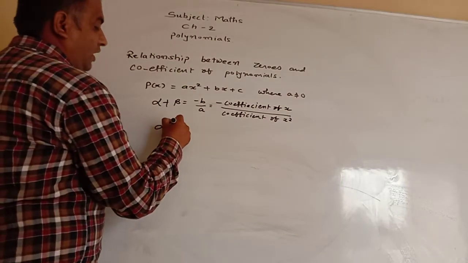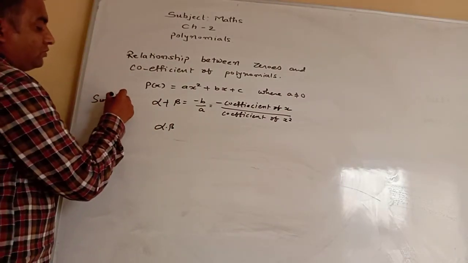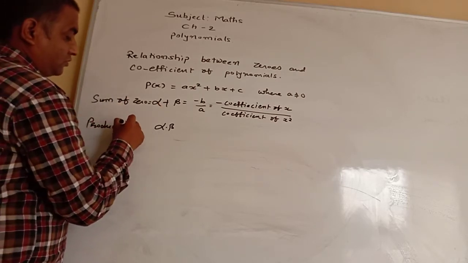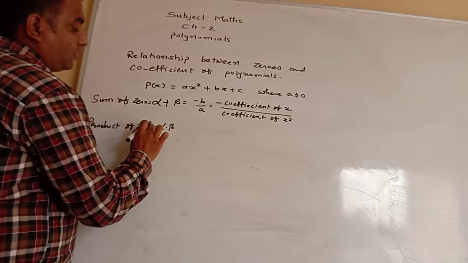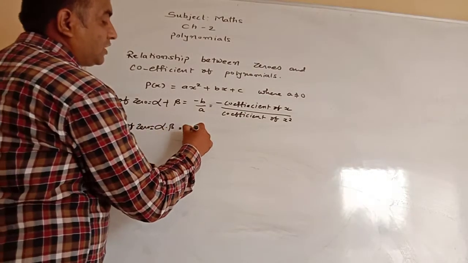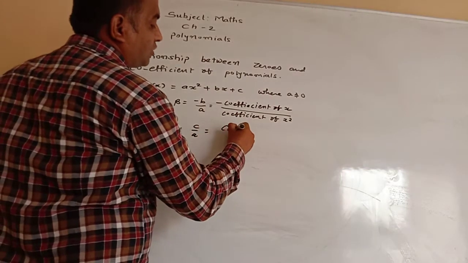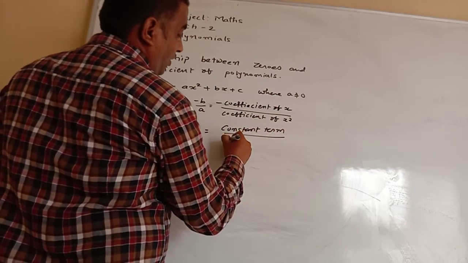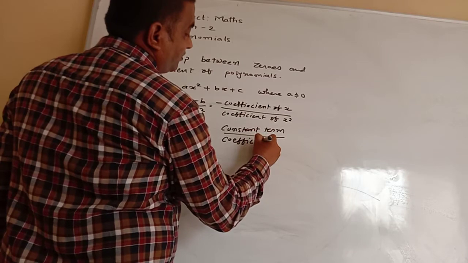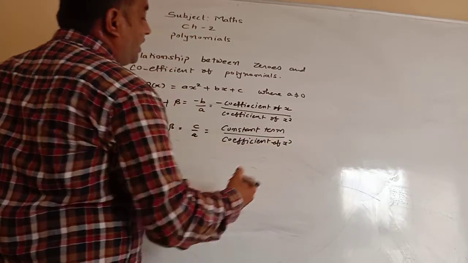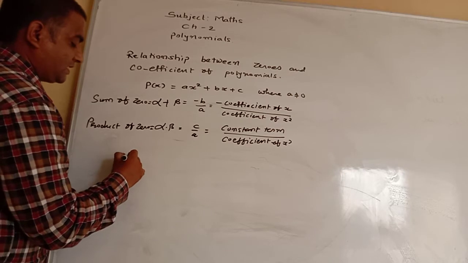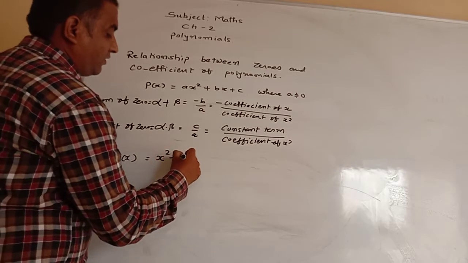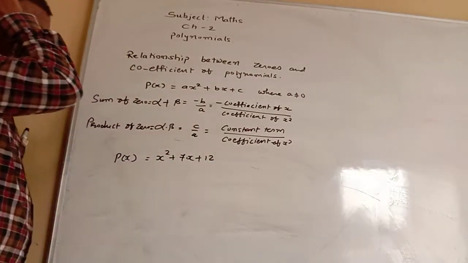And the product of zeros, alpha beta, equals c by a, where c is the constant term, so constant term upon coefficient of x square.